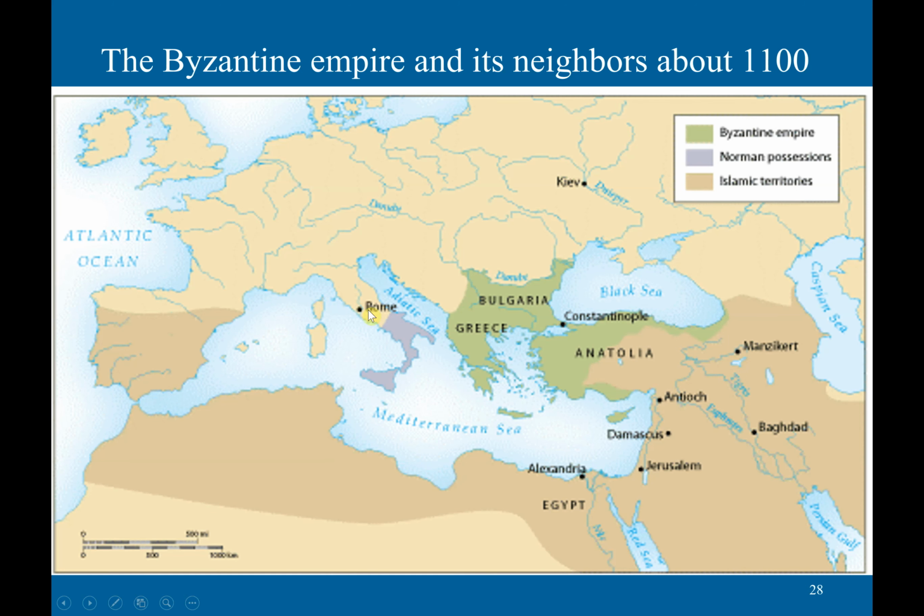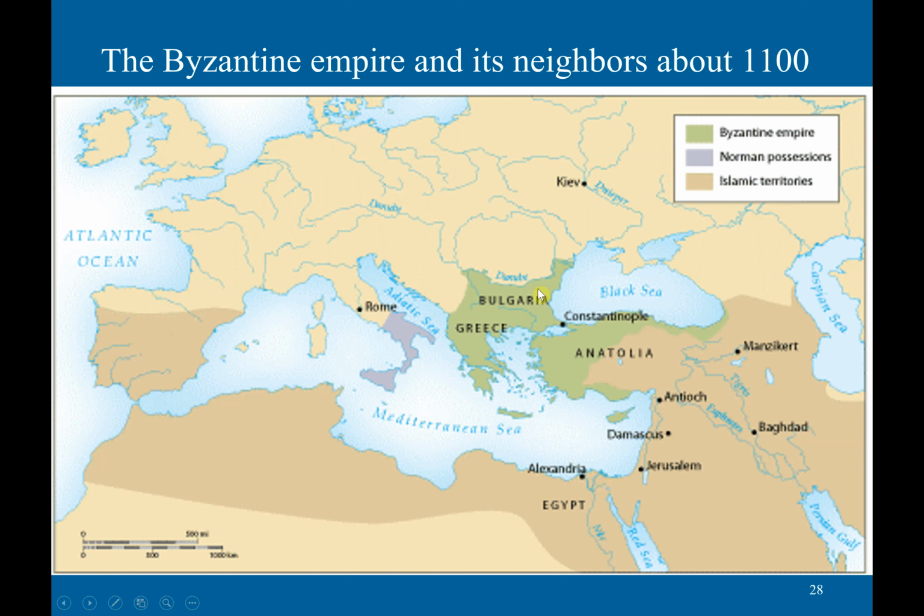So this is a map depicting the Byzantine Empire and its major rival neighbors. Around 1100, we have the Norman possessions here. Ironically, the Normans came from here-ish, Northern Europe.